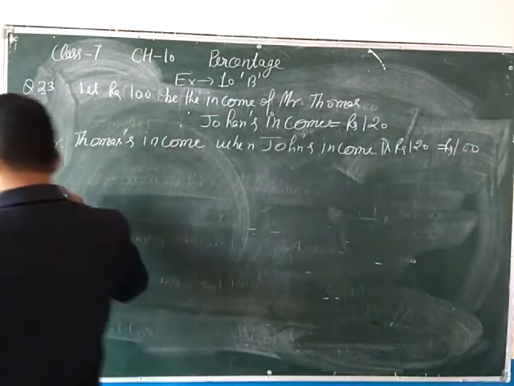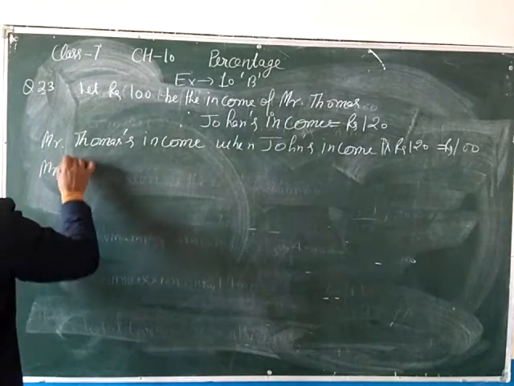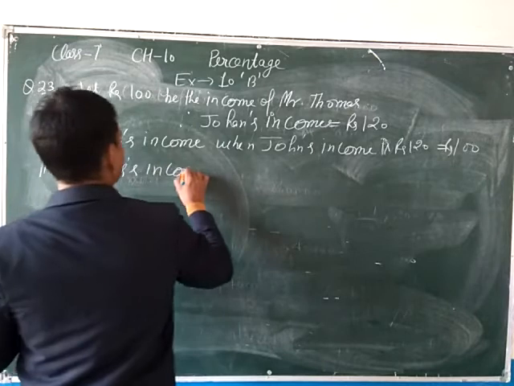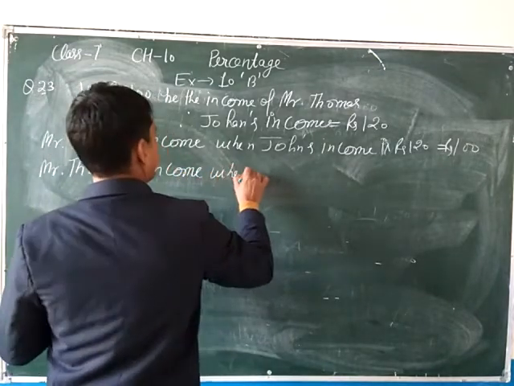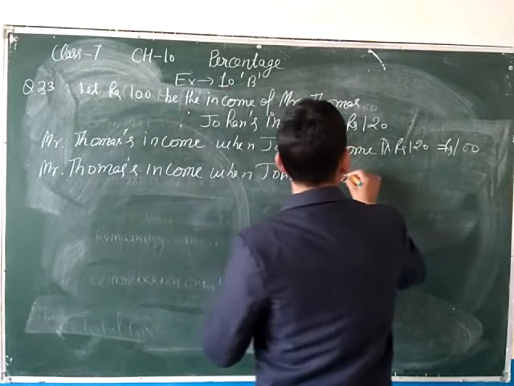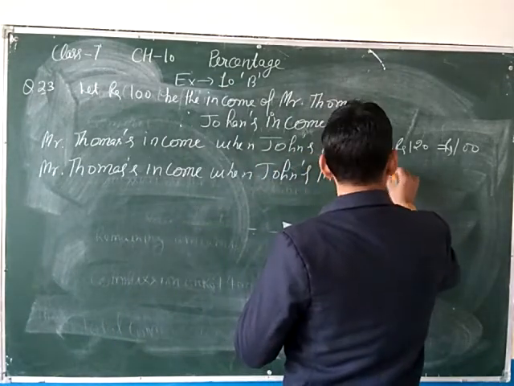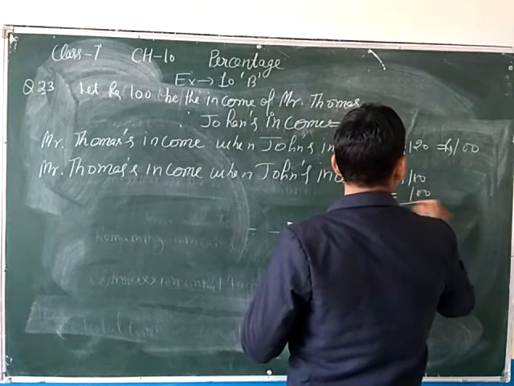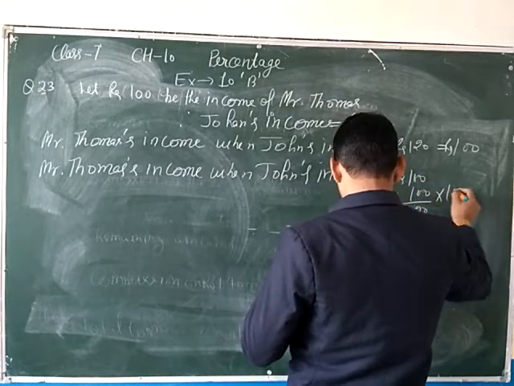Clear? So Mr. Thomas's income when John's income is 100 equals 100 upon 120 multiply 100.